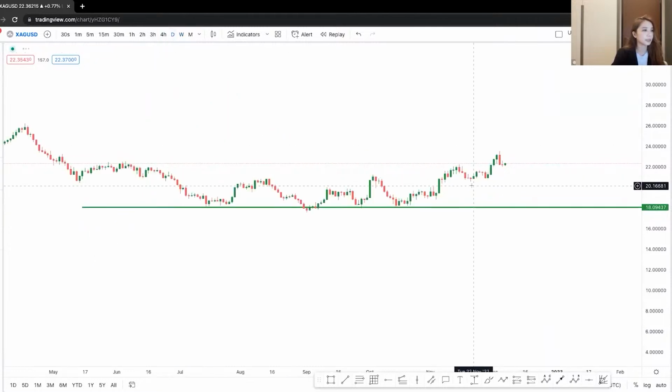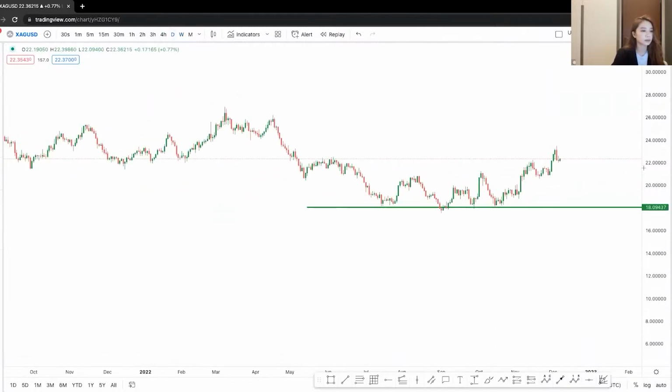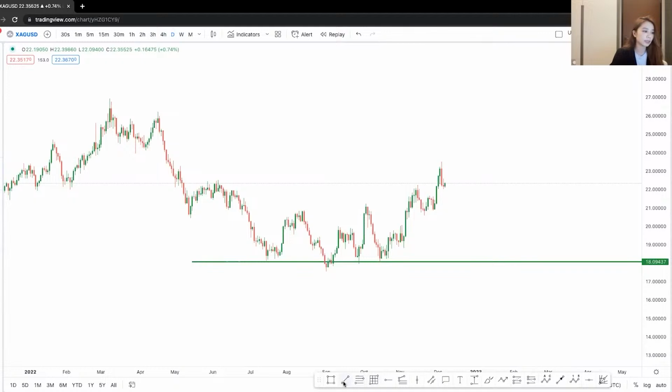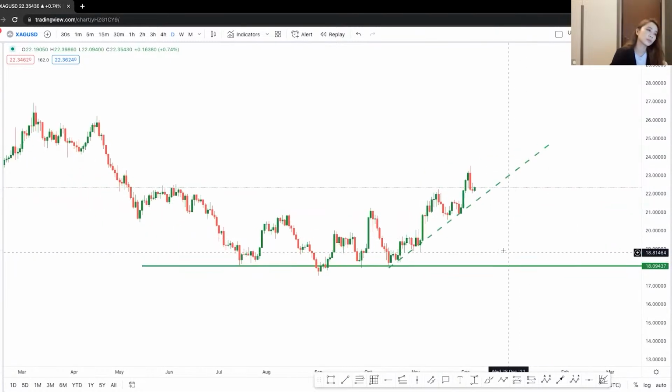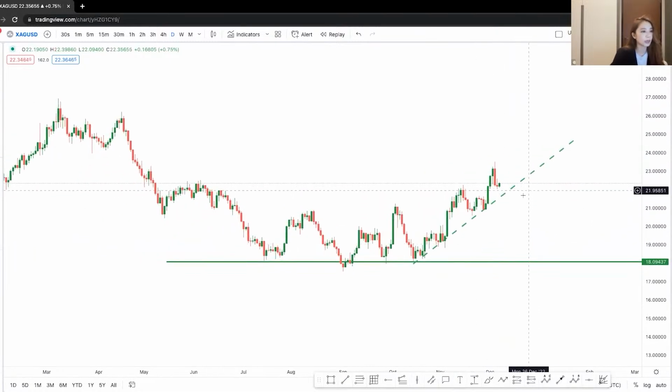Let's look at daily. So on the daily, there's an upward moving trend line, not a channel, but upward moving. We are also looking at a potential support turn resistance price point over here.